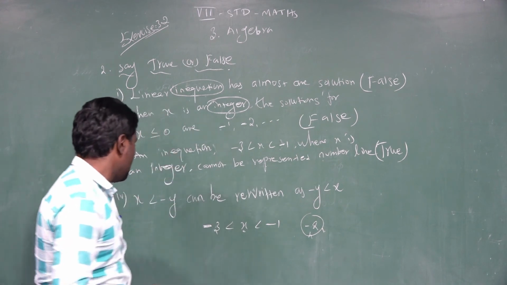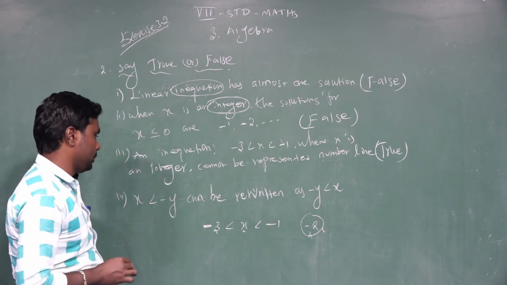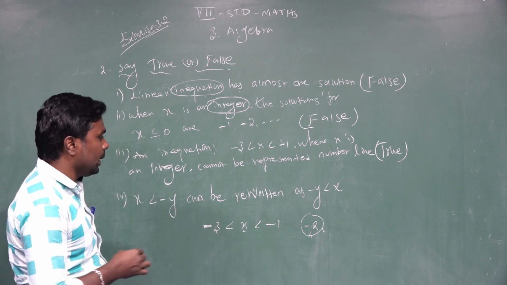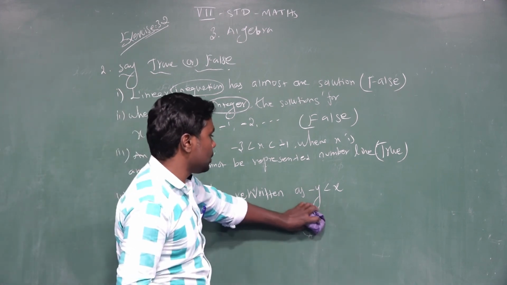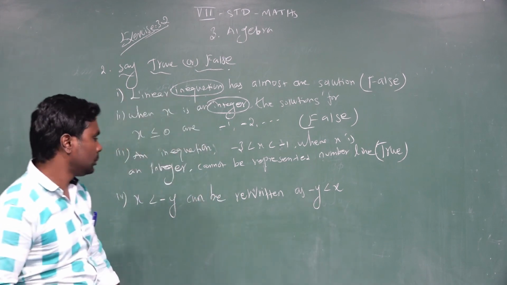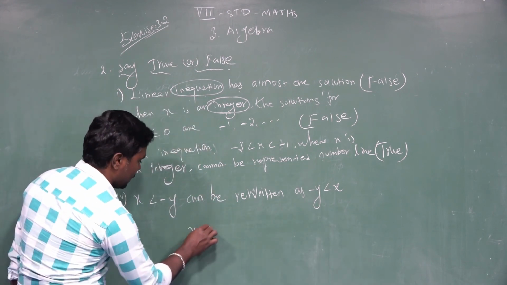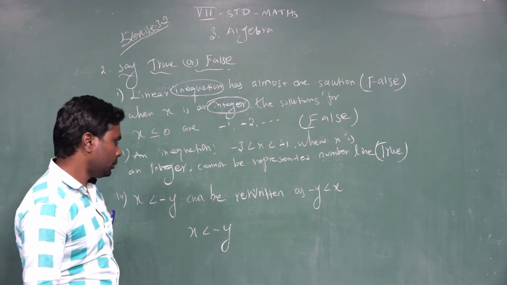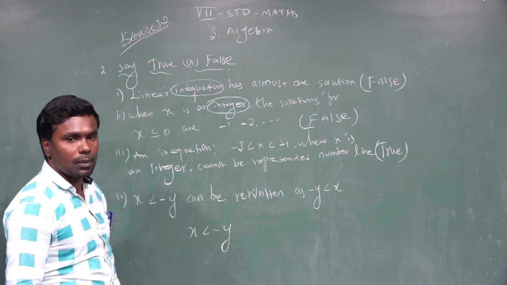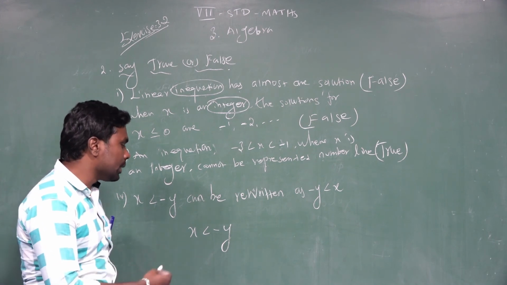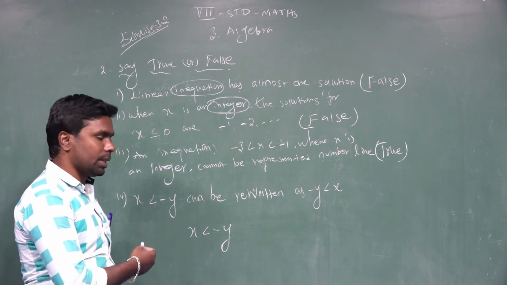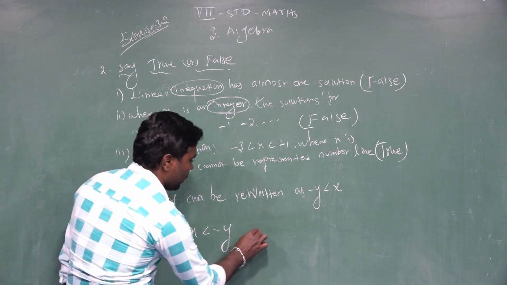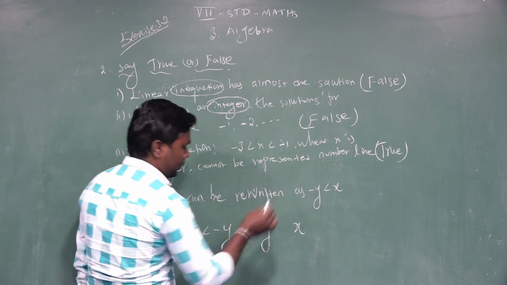x less than minus y can be rewritten as minus y less than x. Here the given is x less than minus y. Rewriting means interchanging the left hand side expression to the right hand side and the right hand side expression to the left hand side, so minus y and x.